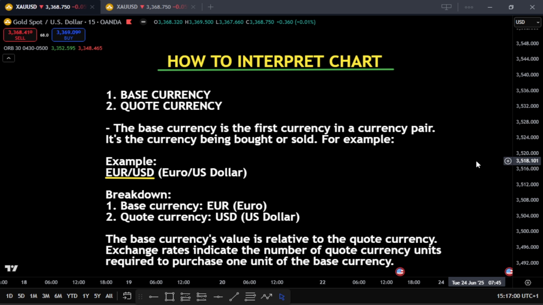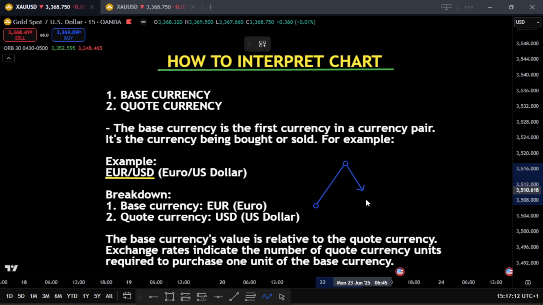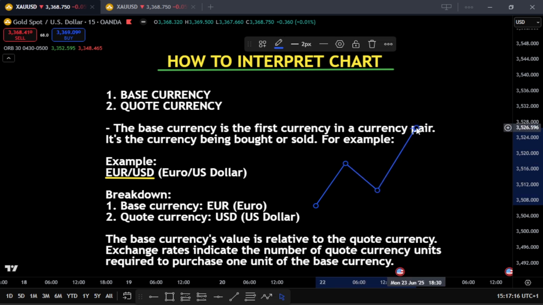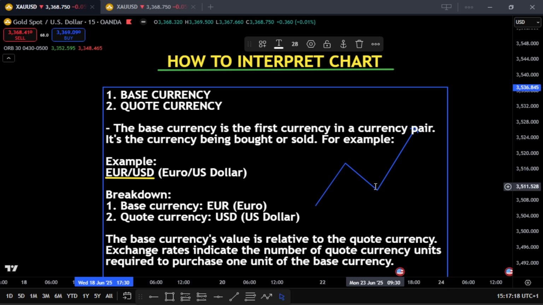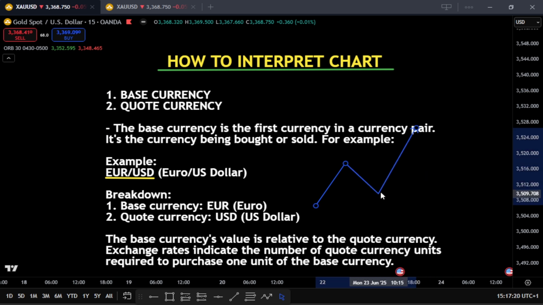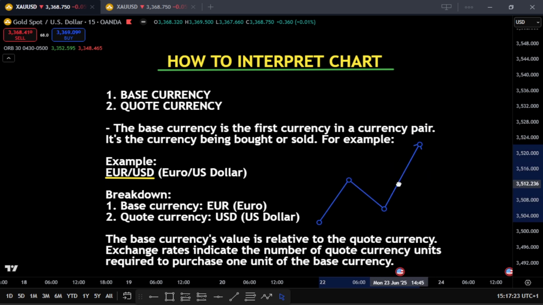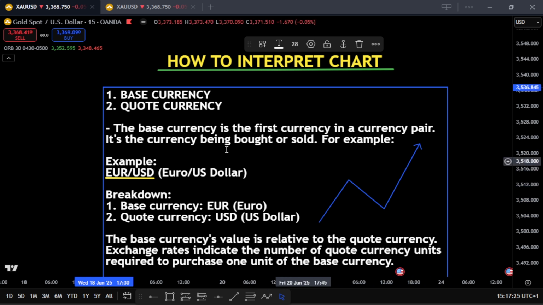And that means if the base currency is stronger than the quote currency, when you look at your charts, you would have an uptrend. So anytime you look at your charts and it looks like this, like you're forming higher highs and higher lows, it means your base currency is stronger than your quote currency.